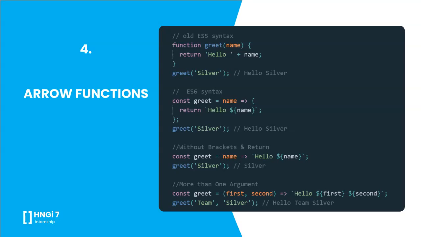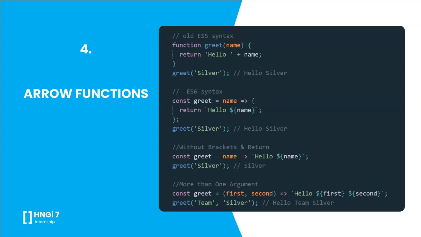You notice I used template literals for this to make it easier. If you do not want to use template literals, you can still use the same thing we have on line 3 of this screen, and you get the same output. We call our function greet, then we pass an argument silver to it, and it returns hello silver, as we expected.